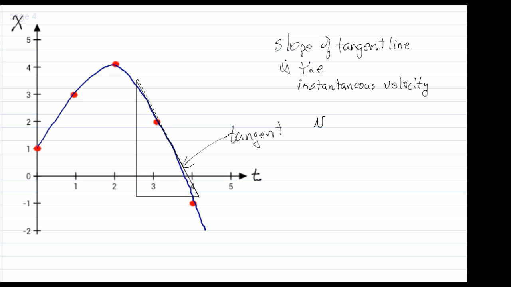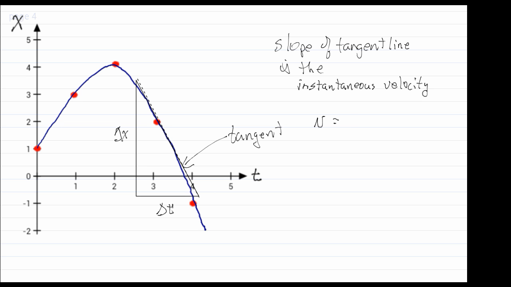So in this case, I should have used a better triangle, but anyways, we want to calculate this delta x and this delta t, and maybe we can estimate. So our final position is this point here, and I'm going to estimate that to be about negative 0.8.